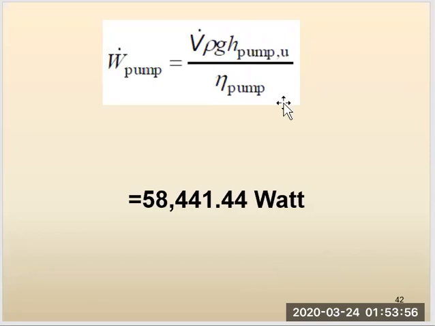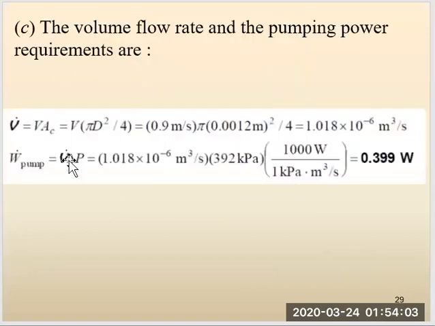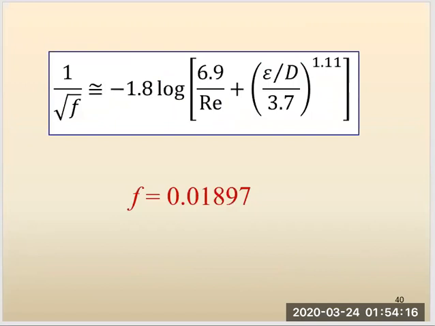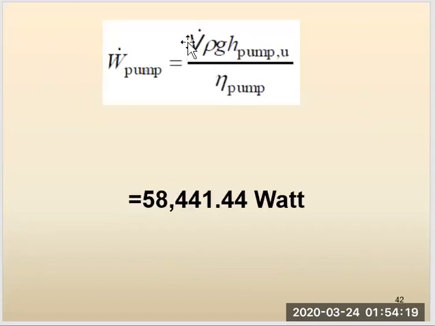You remember in another example, when we wanted to calculate the pumping power, we multiplied the volumetric flow rate by the pressure drop. Here, since we don't have a pressure drop, we have a head loss. This part, rho g h, gives me a pressure unit. When I multiply it by the volumetric flow rate, it gives me a power unit.